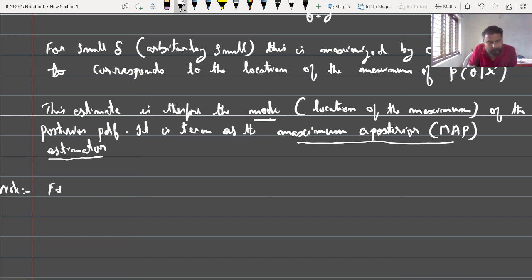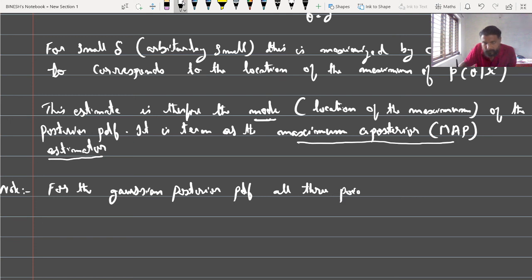For the Gaussian posterior PDF, all three points are identical.